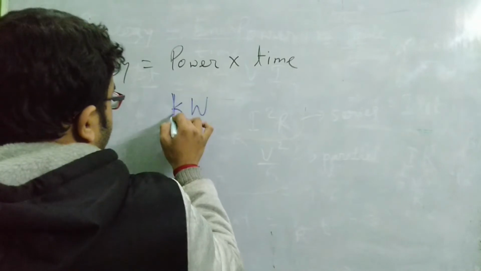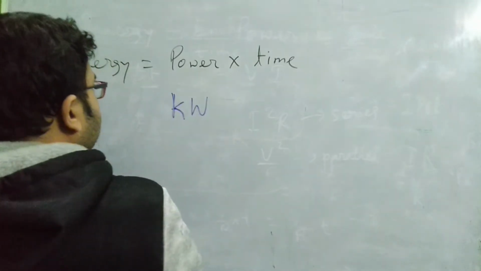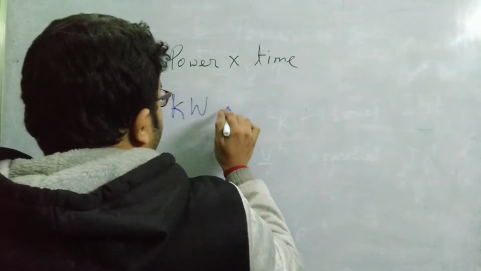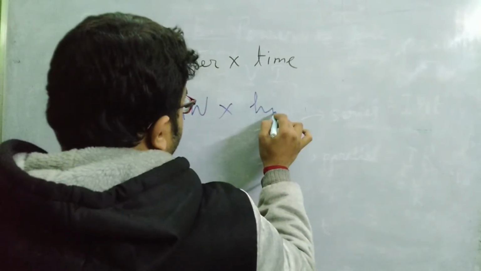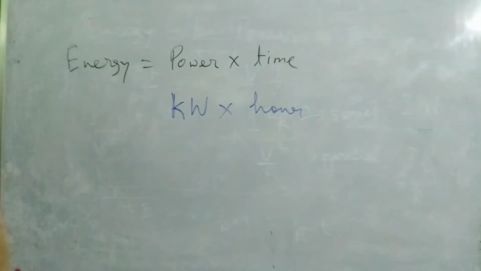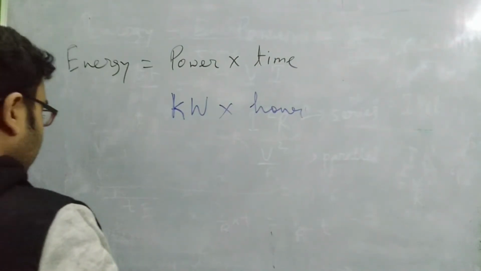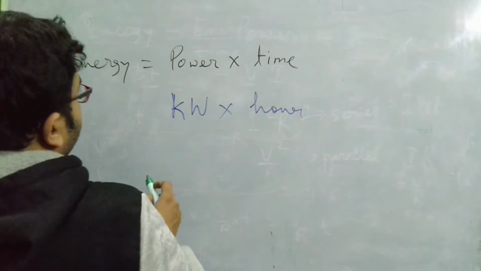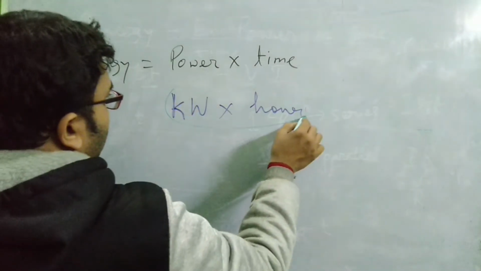Now if you consider that we are taking the unit of power as kilowatt, which is a unit of power as you know, and the unit of time to be hour, not second, then kilowatt multiplied by hour is a unit for electrical energy. Kilowatt hour.